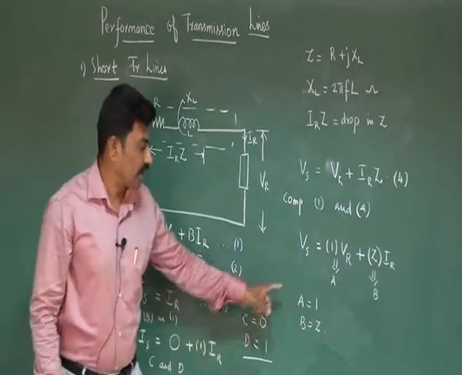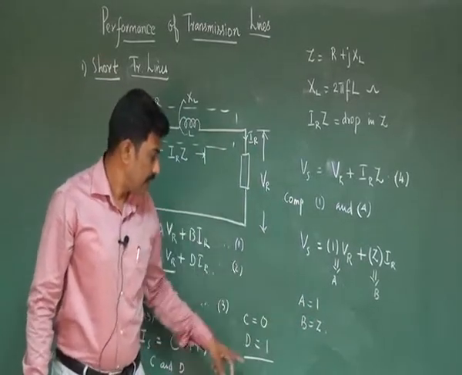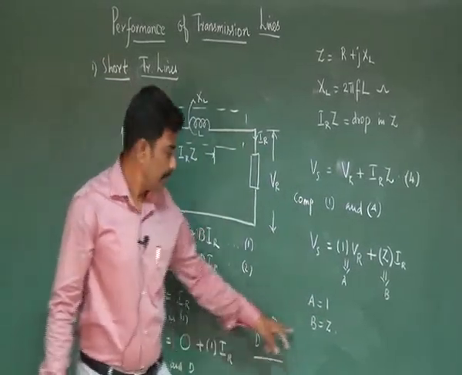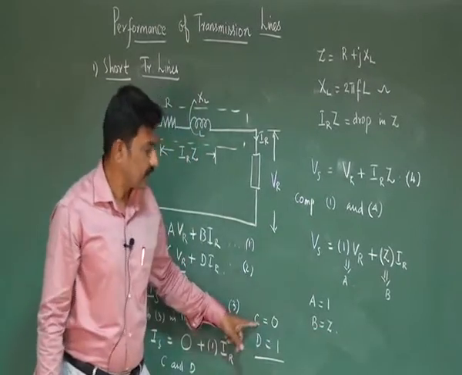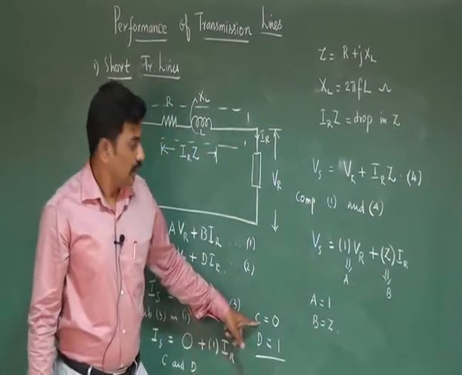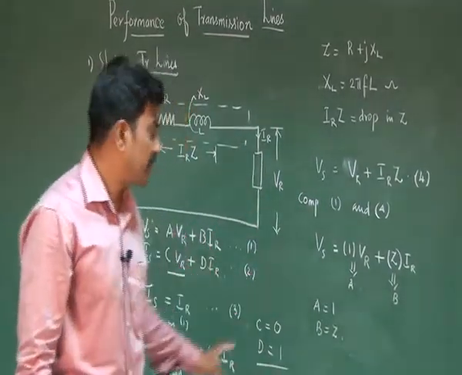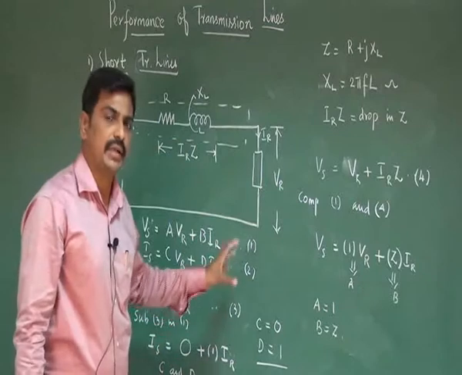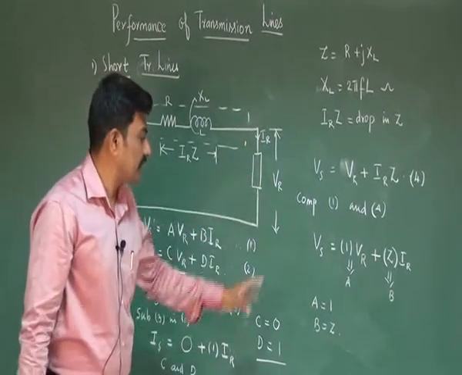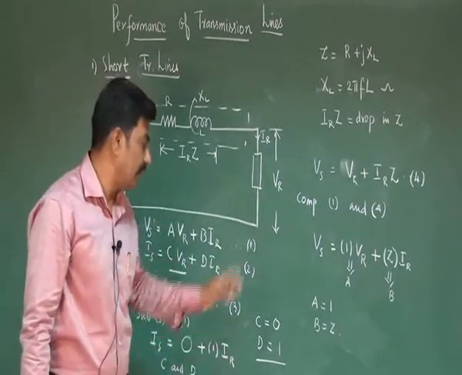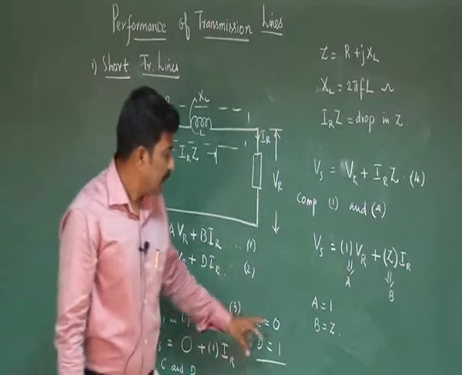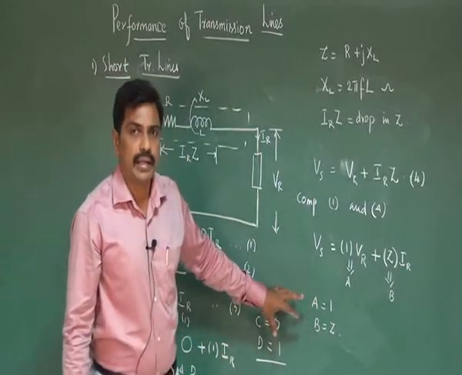Now look at all the 4 constants. A is 1, B is Z, C is 0 and D is 1. How do you know these determined constants are right? How do you check these expressions give the right values? These constants hold an identity.